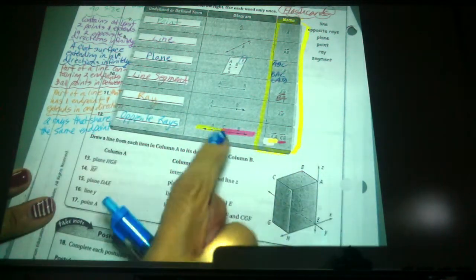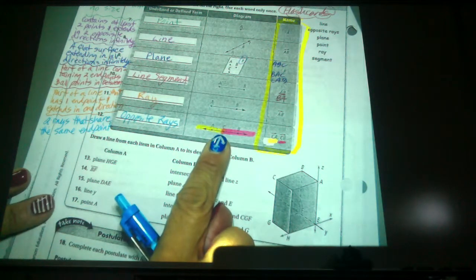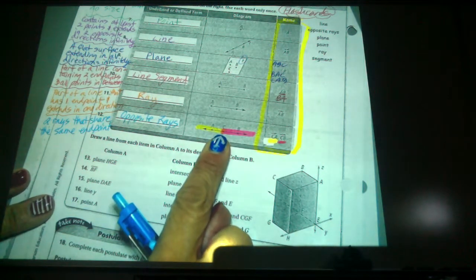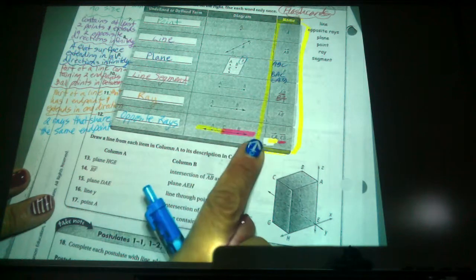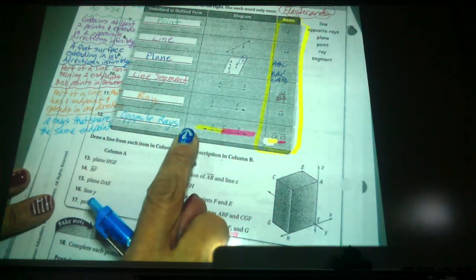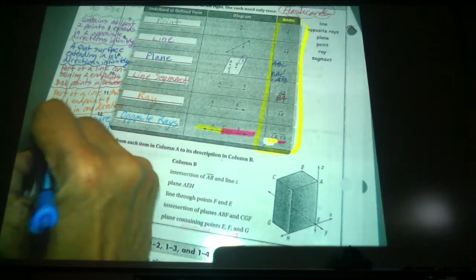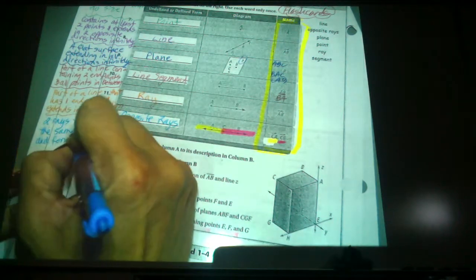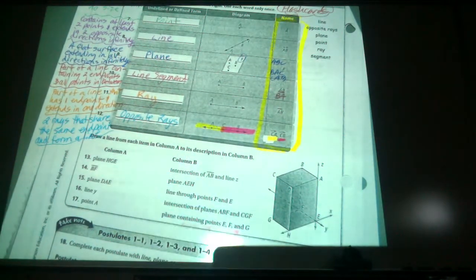So notice here that both of these rays share the endpoint of C. One goes in the direction of B, one goes in the direction of A. They share the same endpoint and form a line. If they didn't form a line, they would have formed an angle. And technically, a line is an angle. It's just called a straight angle.